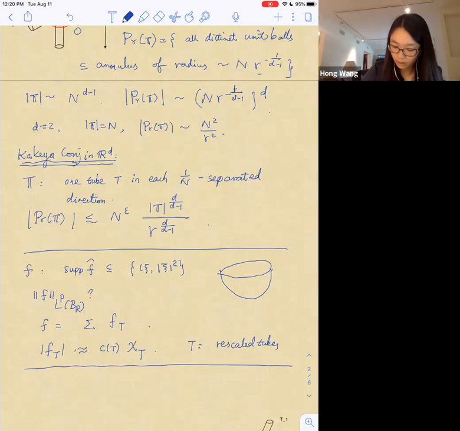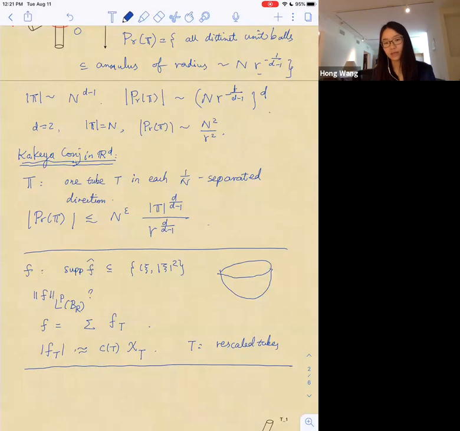The above Kakeya conjecture is solved in dimension d equals 2 and wide open in dimension d greater than or equal to 3. In dimension 3, the current best known bound is by Katz and Zahl. And in higher dimensions, there is some recent progress by Zahl and independently by Hickman, Rogers, and Zhang.